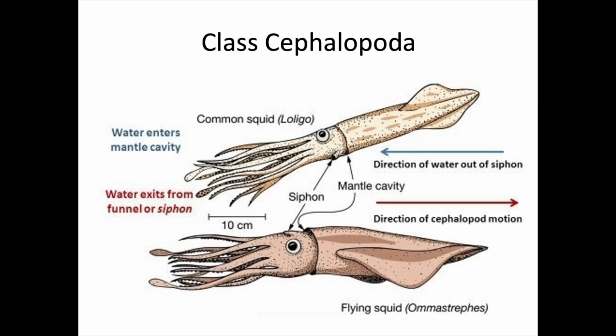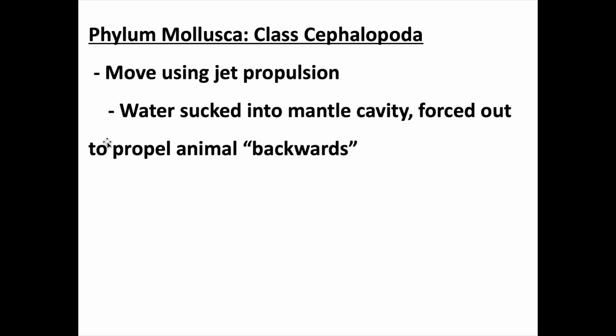So yeah, it's how a jet engine works, but we're just squirting water here. This is how they move around. So they move using jet propulsion. Water is sucked into the mantle cavity and forced out to propel the animal, what to us would look like backwards, in the opposite direction that water is being expelled.